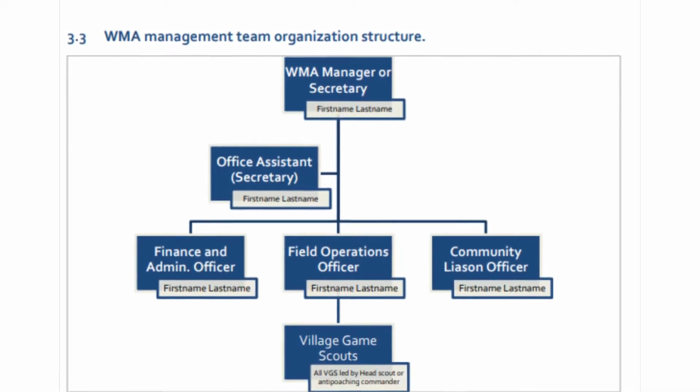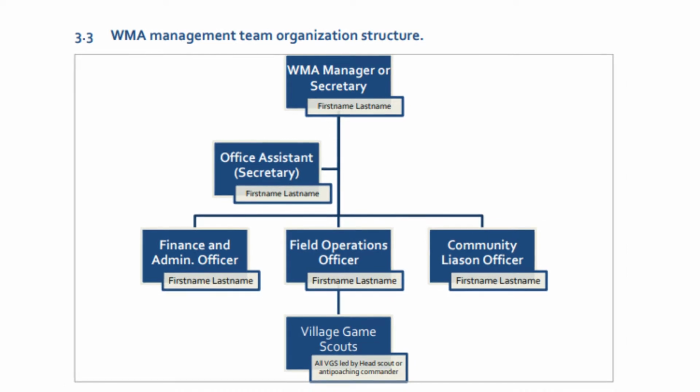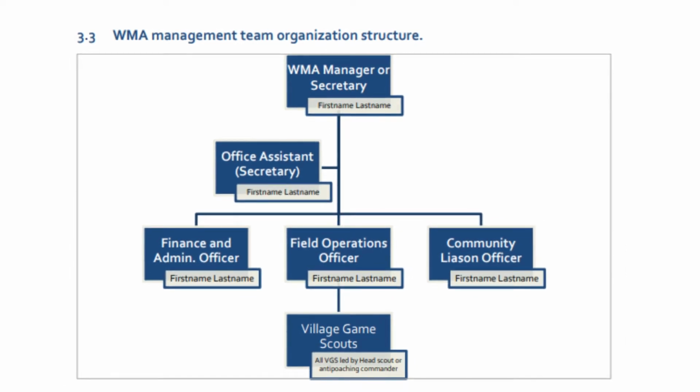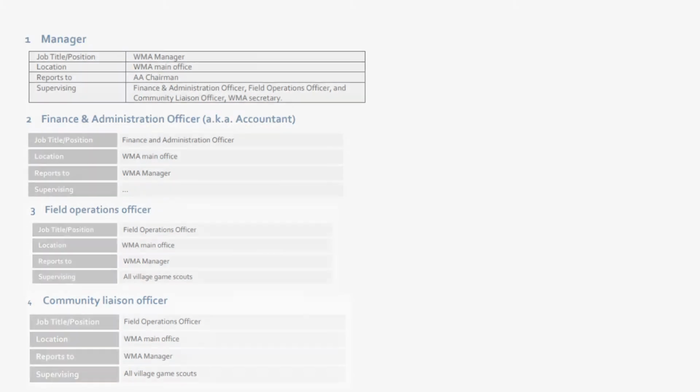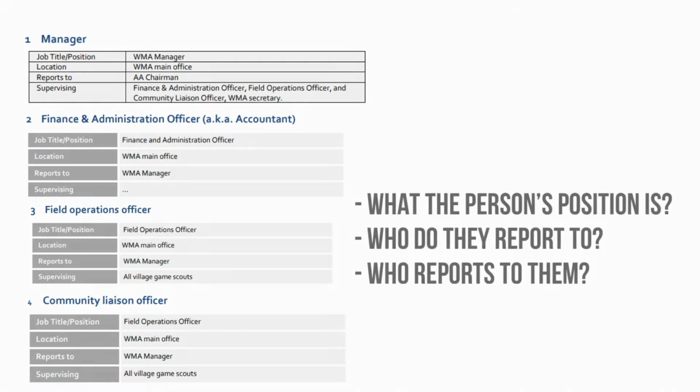It shows key positions and reporting lines. For each position, the organization chart should answer the question of what the person's responsibility is, what their position is, who they report to, and who reports to them.